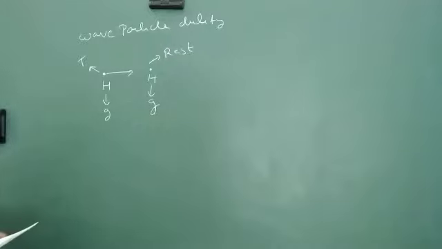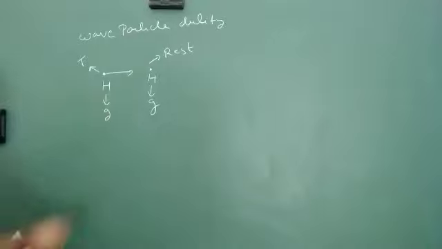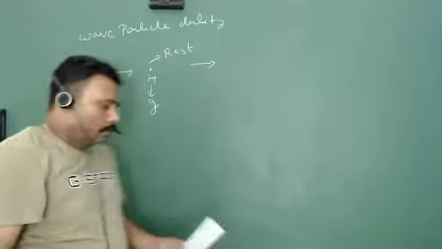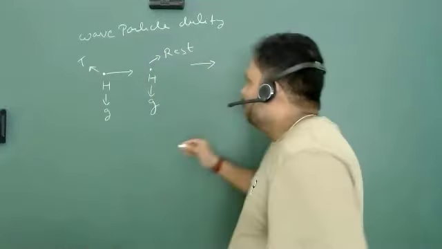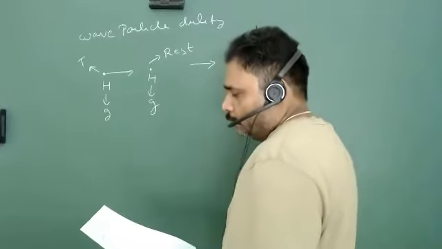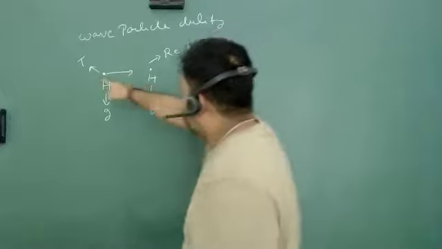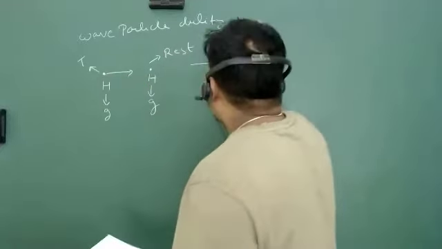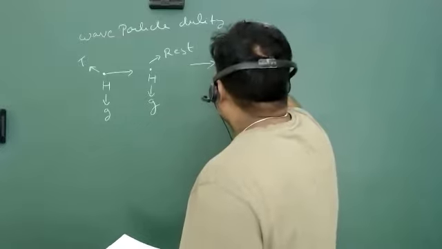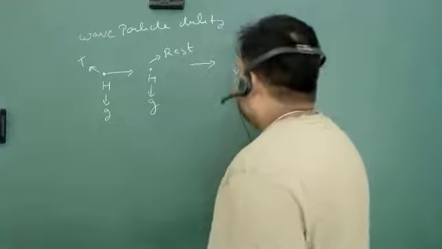So what we have to calculate is what will happen after the collision. After the collision, one hydrogen atom will remain in the ground state, and another will go into the first excited state.